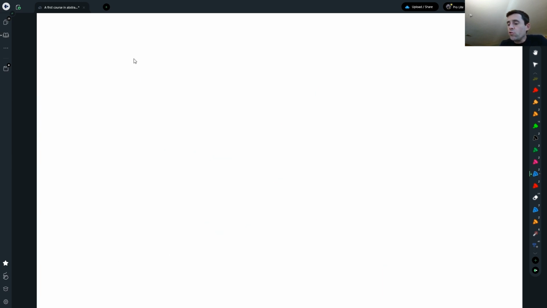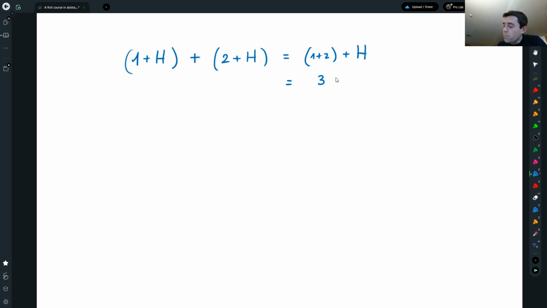So for example, suppose I want to add 1 plus H to 2 plus H. This is the addition I'm defining on cosets. That should be 1 plus 2 plus H, so that should be 3 plus H, which remember is just H. And what happens if I choose a different generator?